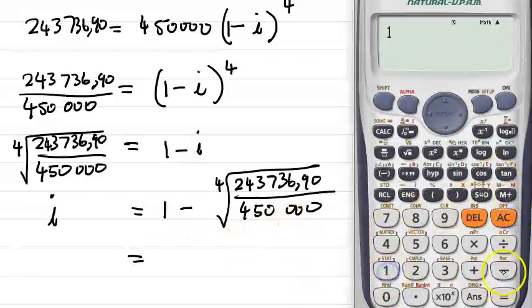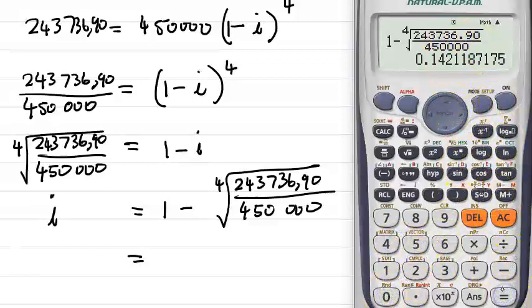So let us now put this in our calculator and let us solve for the interest rate. So it's 1 minus the fourth root of 243,736 rands and 90 cents all over 450,000 rands equals.